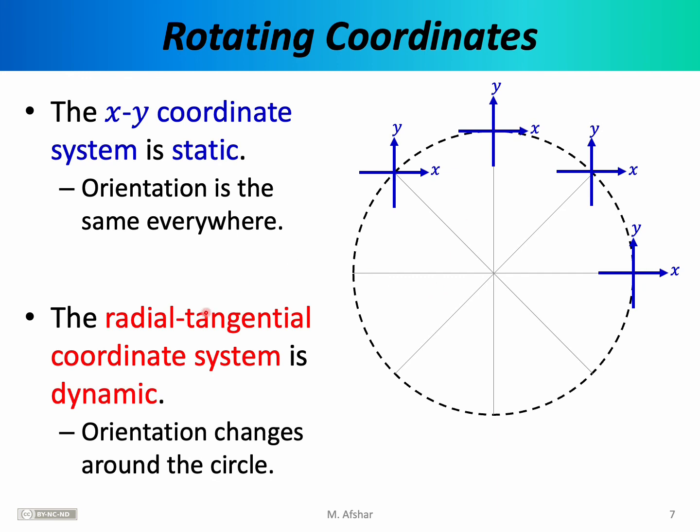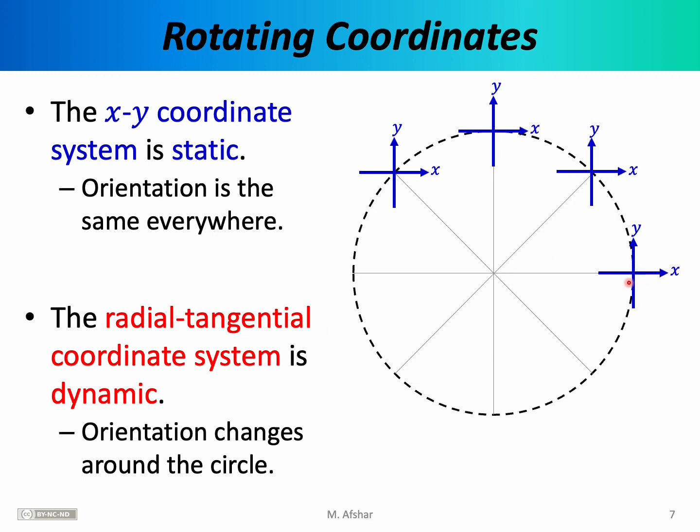It turns out the radial-tangential coordinate system is a much better coordinate system for discussing circular motion. The radial-tangential coordinate system is a dynamic coordinate system. Its orientation changes as the position of the object changes. As the name implies, it always points either in the radial direction or the tangential direction.